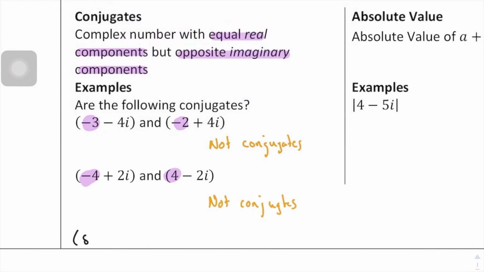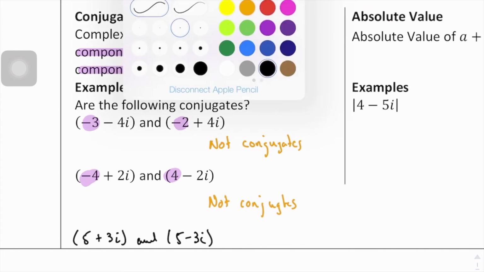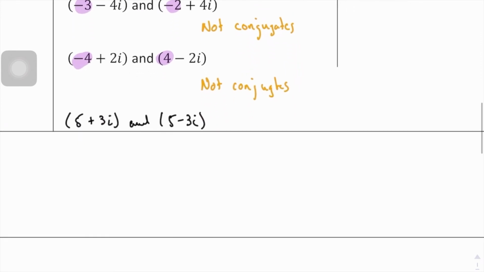You might have something like 5 plus 3i and 5 minus 3i. These two are conjugates. So 5 plus 3i and 5 minus 3i, those would be conjugates.